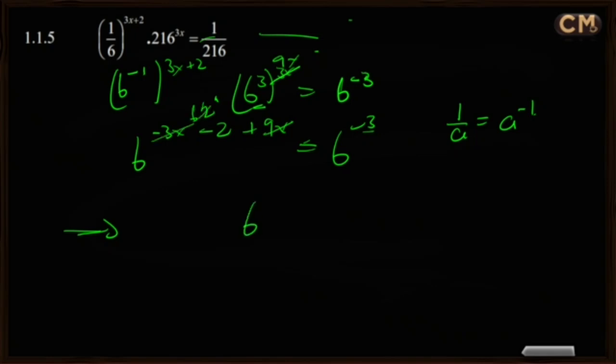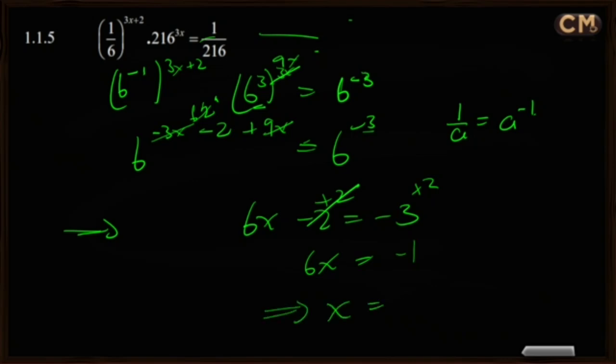So 6x minus 2 is equal to minus 3. Let's just add 2 to both sides. So 6x is equal to, oh, that's just going to be minus 1. Which means x is equal to minus 1 over 6 after we've divided both sides by 6, of course. That's a really ugly 6.